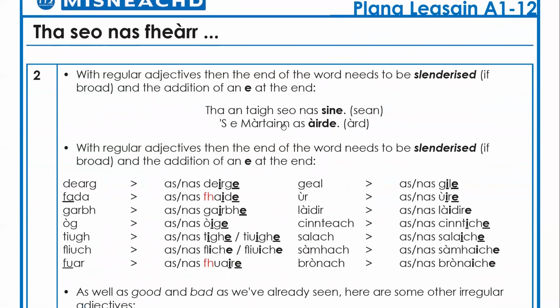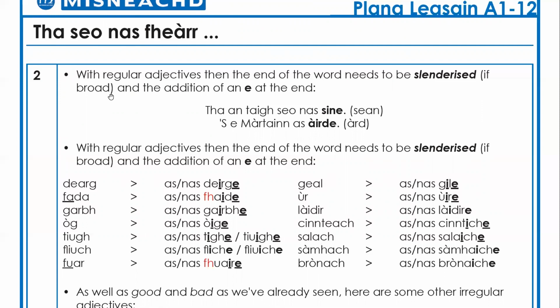So basically what we do to form a comparative adjective from a regular adjective is to slenderize the end of the word if it's broad and add an e. So that's in addition to using nas or as to give you the more or most of the thing.